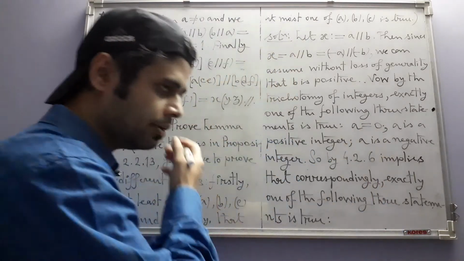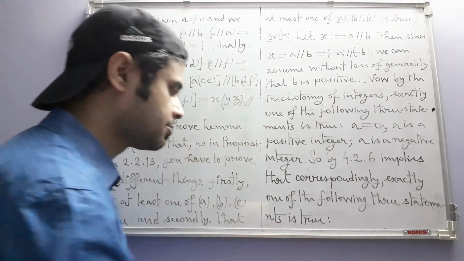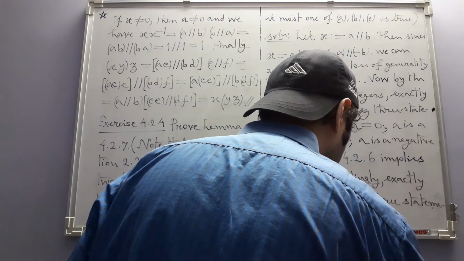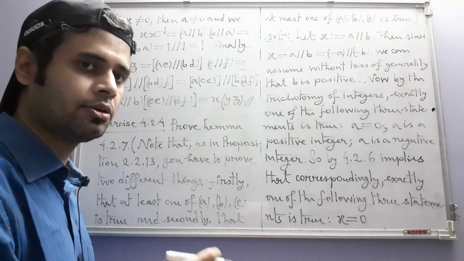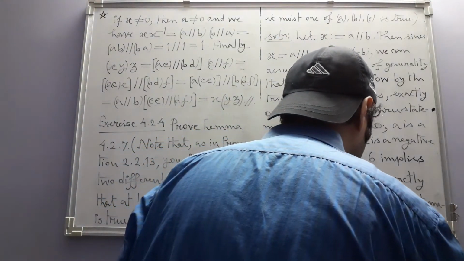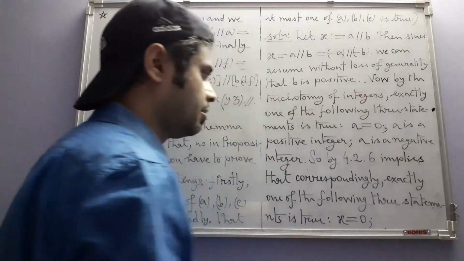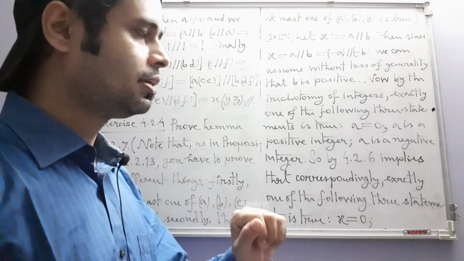Whenever a is 0, the rational number is also 0, and conversely. Okay, if the rational number is 0, a must be equal to 0, and x is a positive rational number.